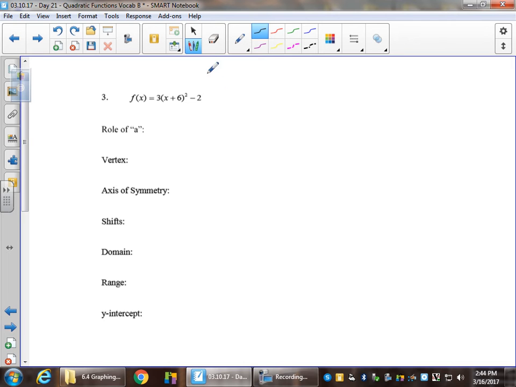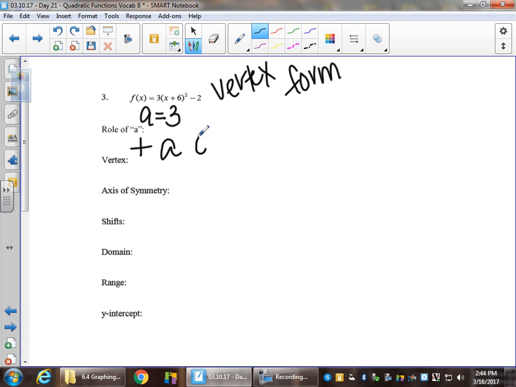Number 3, we are given a function in vertex form. A is a positive 3. Positive A opens up.